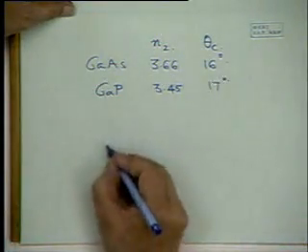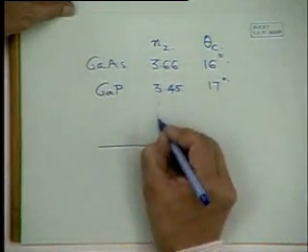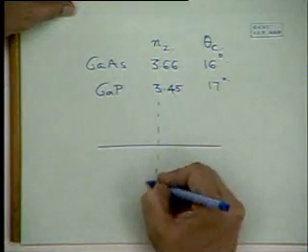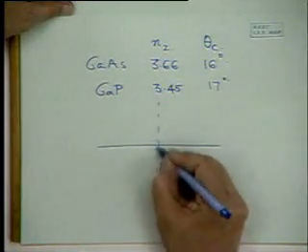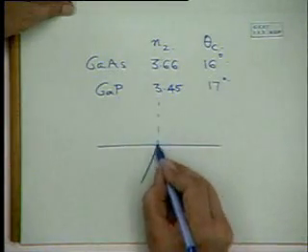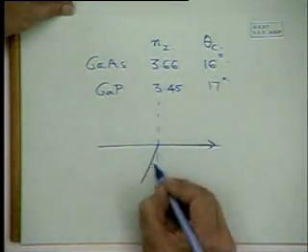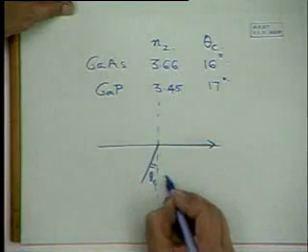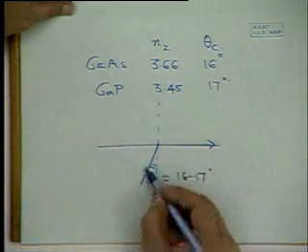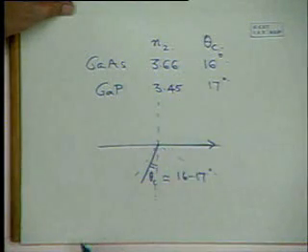The critical angle is the angle made by the ray with the normal. So this critical angle is only 16 to 17 degrees. All the rest of the light will be reflected back in.